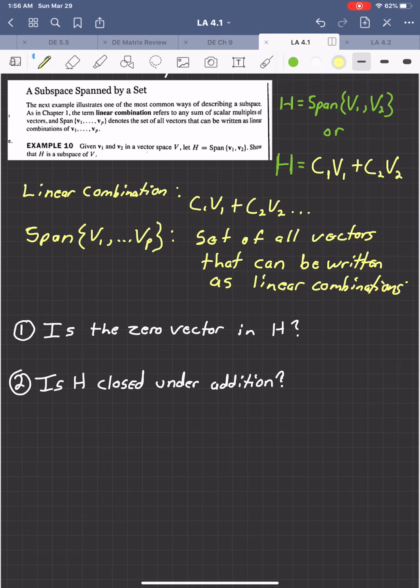All right, so two previous ideas. Now we're going to see how they play a role in subspaces, vector spaces. Ready? So I'm going to read example 10, and while I start example 10, I'm also going to unpack what we call the subspace spanned by a set.